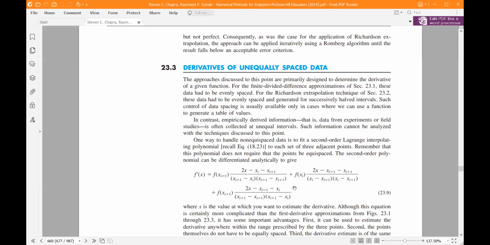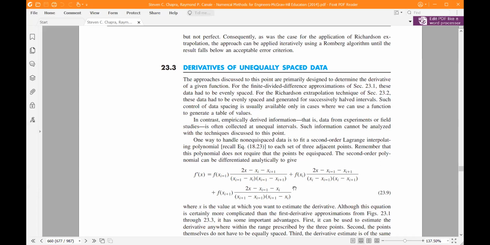Now the question is, the second order version of Lagrange's interpolation formula needs only 3 points. If you want to go beyond this, the length of your polynomial will be huge. For this reason, as nicely described in this book, we take a set of 3 adjacent points, choose our Lagrange's polynomial, then take the first derivative.